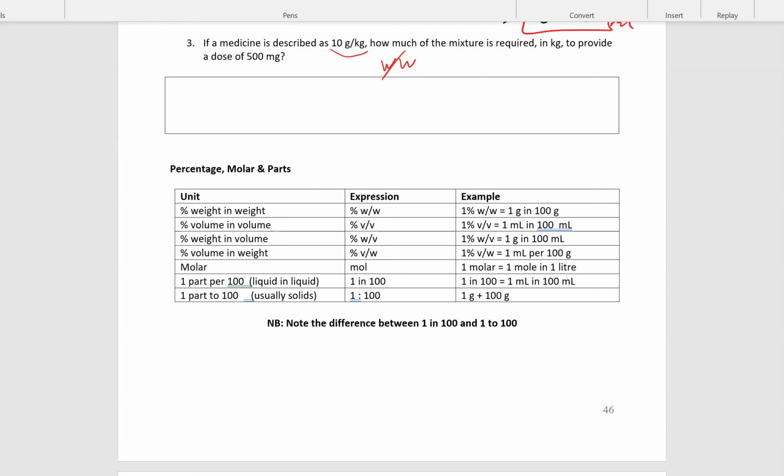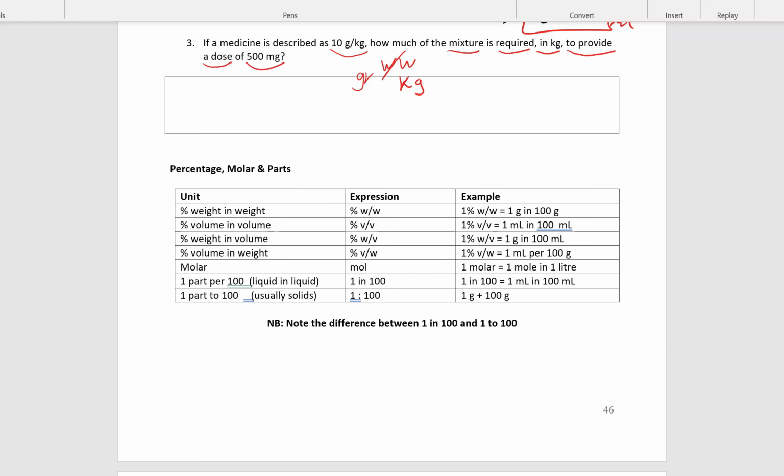If a medicine is described as w/w, it means weight by weight, mass, but the unit is gram in kilogram. So how much of the mixture is required, in kilograms, to provide a dose of 500 milligrams?